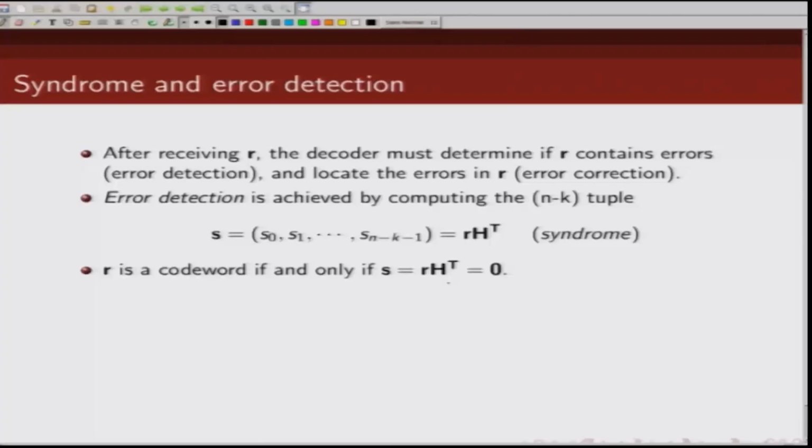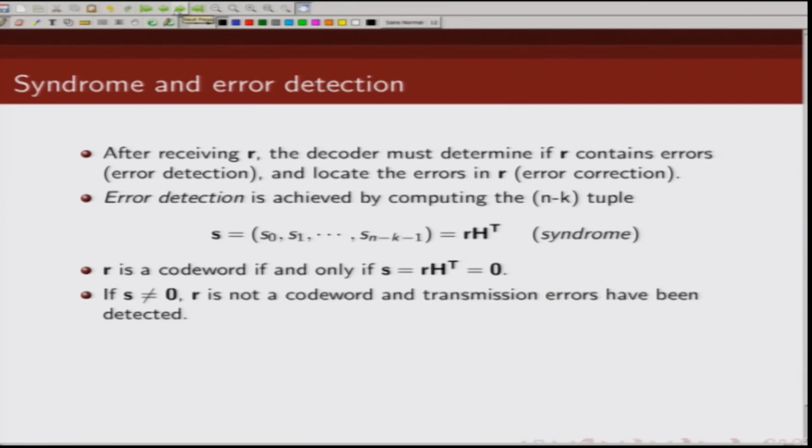So, if there is no error, my received sequence R would be just equal to V, and then the syndrome would be V H transpose, which is 0. And if the syndrome is not equal to 0, then it means there is an error.